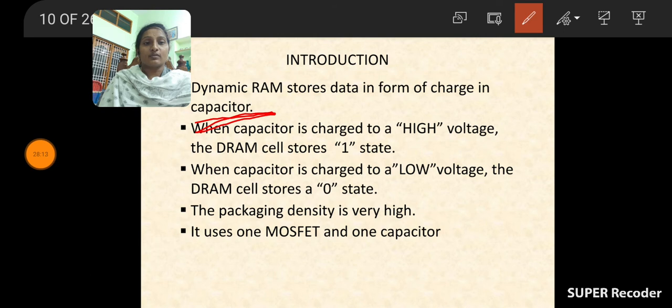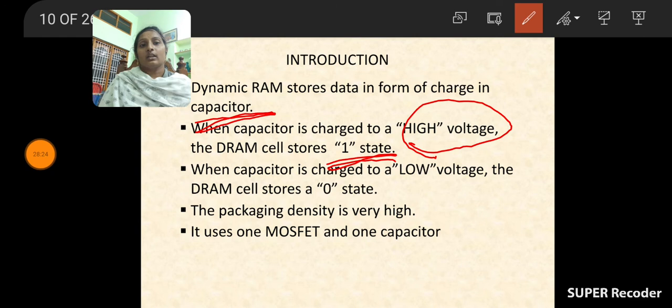Capacitor is used to store the data in the dynamic RAM. When the capacitor is charged to high voltage, the DRAM cell stores one state. If the capacitor is charged to low voltage, the DRAM cell stores zero state. Means the charging condition of the capacitor is considered as one state and the discharging condition is considered as low state.